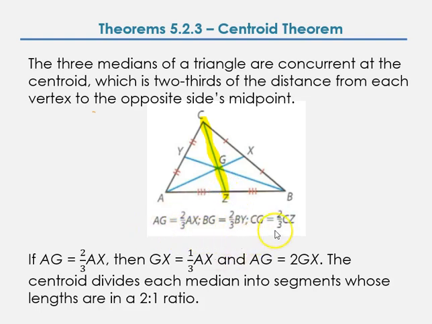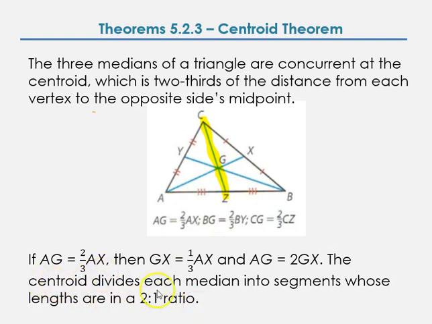So right here below the triangle, you can see the actual statement for that. Let me start with CG will be 2/3 of CZ. What this does is create a length with a 2-to-1 ratio.